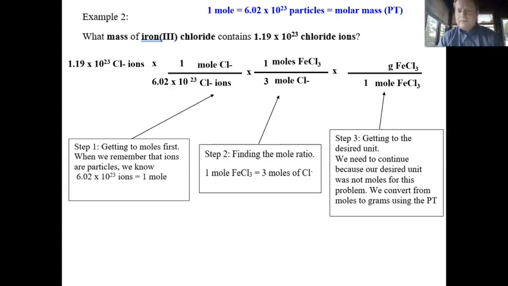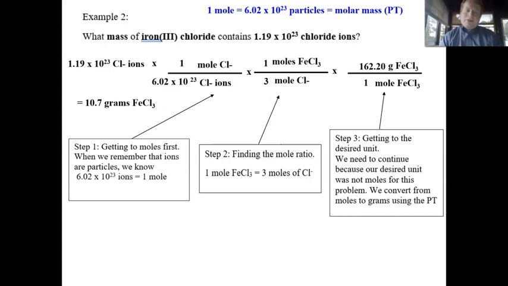We know we're going to use 1 mole because that's what we use when we're going in and out of moles. And the mass is coming from the periodic table by adding up the mass of 1 Fe and 3 Cl's, and that's the number that you get. Overall value is 10.7 grams, which has 3 sig figs because of the 3 sig figs in the original value.